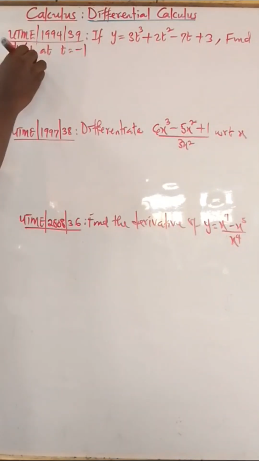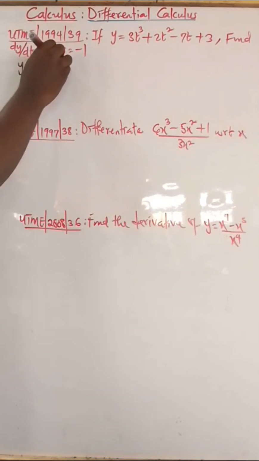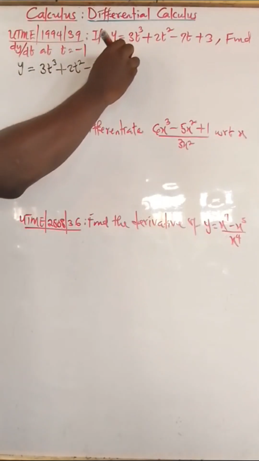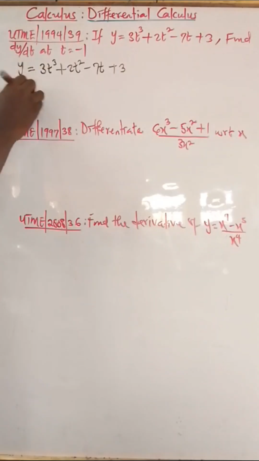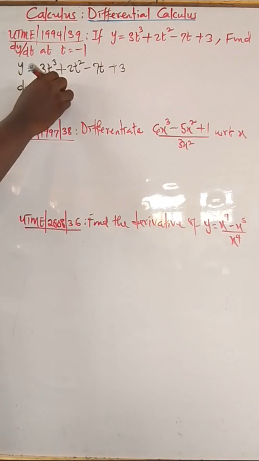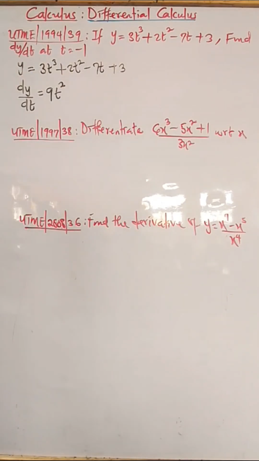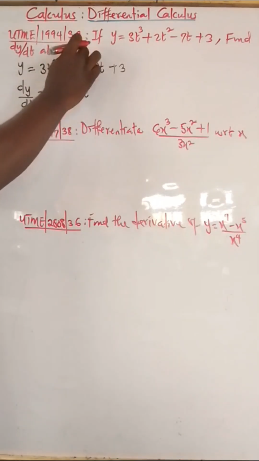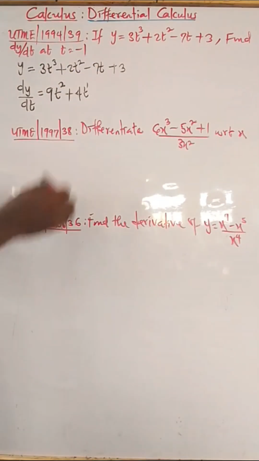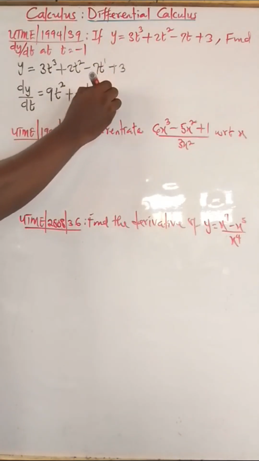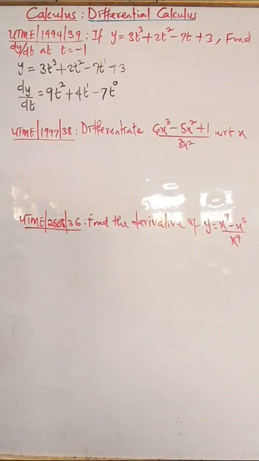Since y equals 3t cubed plus 2t squared minus 7t plus 3, dy dt becomes, apply the principle, 3 times 3, 9, t. 3 minus 1, 2. We do the same for the next one. 2 times 2, 4. 2 minus 1, 1. Here we have 1 originally. 1 times minus 7. 1 minus 1.